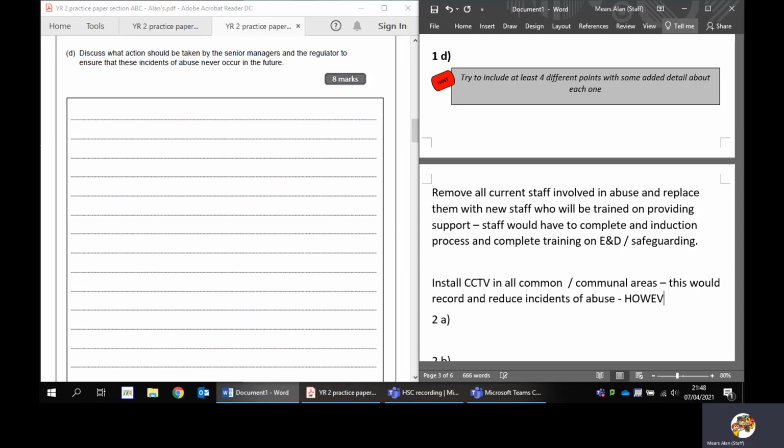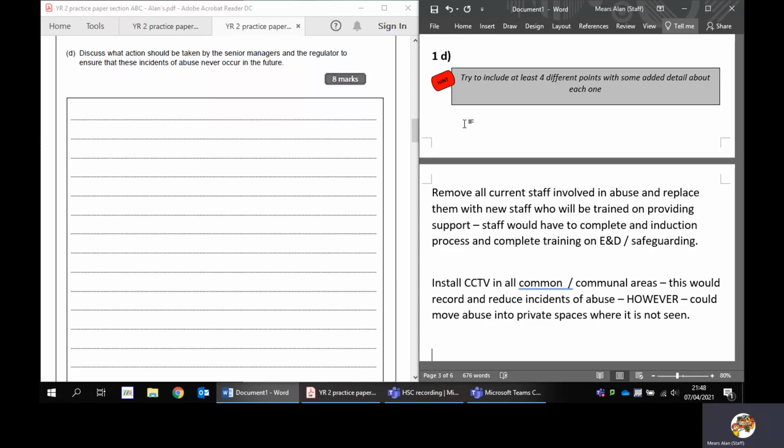However, we could put a balance in here, it could move abuse into private places where it is not seen, so it kind of hides it even further.